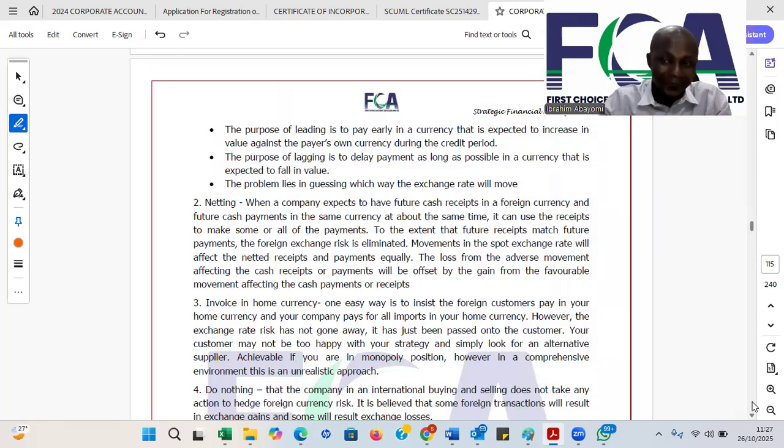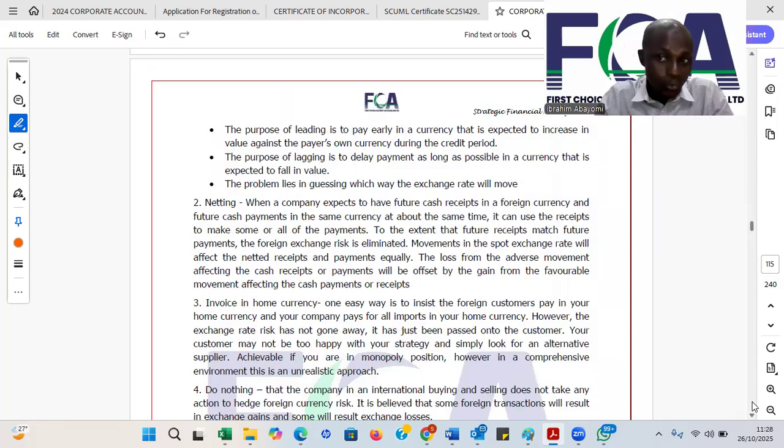Okay. However, the practical problem with that strategy is that before you can command that kind of arrangement, you must be a major customer of that supplier. If your purchase represents just like 3% of the total revenue per annum of the supplier, you cannot actually force the supplier to prepare your invoice in your domestic currency.